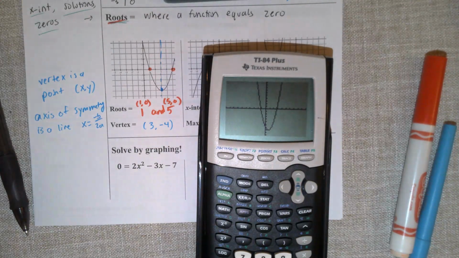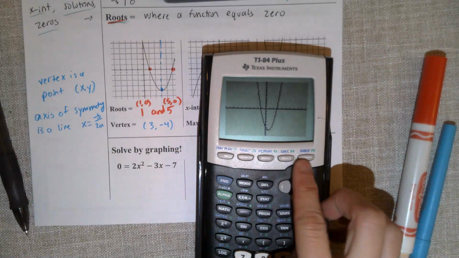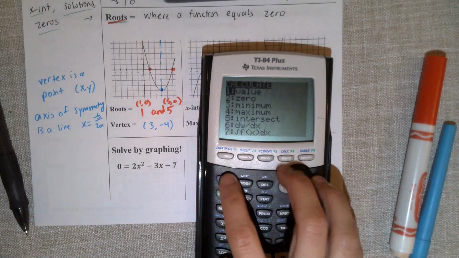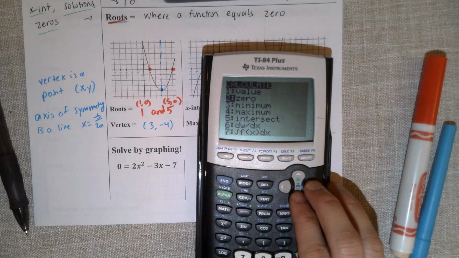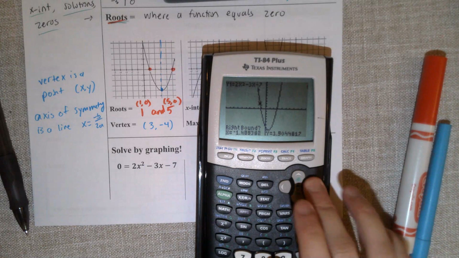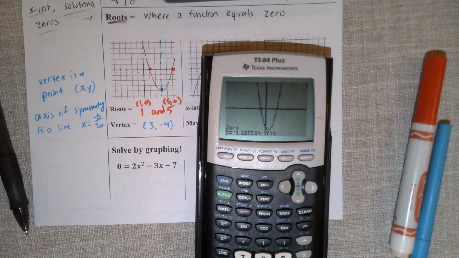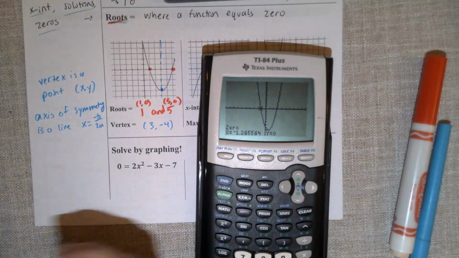So what you're going to want to do is second trace, which is calc. You're going to do 0, and then you're going to go to the left of it, and you're going to go to the right of it. And that gives you one of the zeros, which is -1.27.